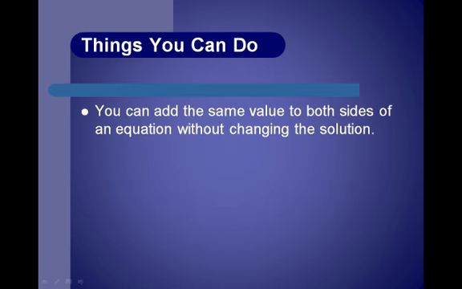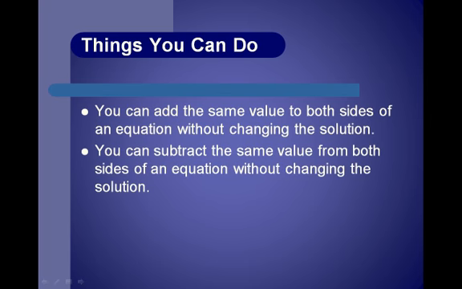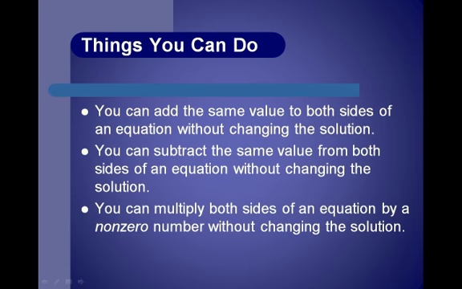Things you can do when solving a linear equation. You can add the same value to both sides of an equation without changing the solution. This is what we call the addition property of equality. You can also subtract the same value from both sides of an equation without changing the solution. You can multiply both sides of an equation by a non-zero number without changing the solution.